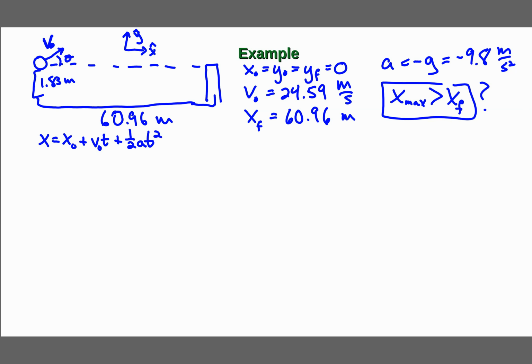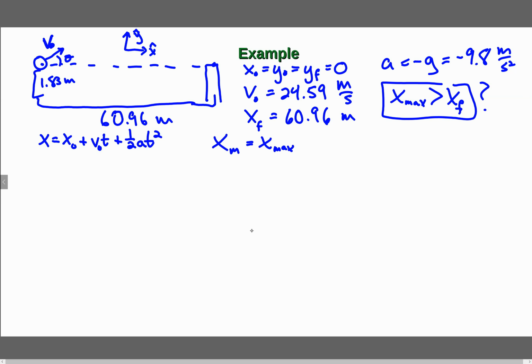So the first thing I want to consider is, in this example where the initial height and the final height are the same, what is that angle? What angle produces the maximum distance? So let's say, just for now, let's use the notation xm equals x max, okay?